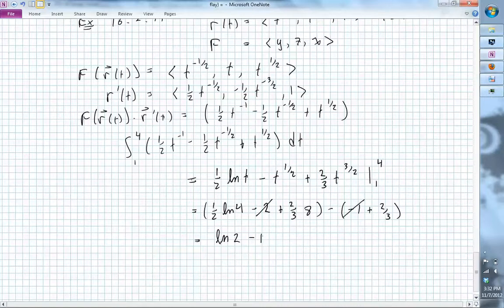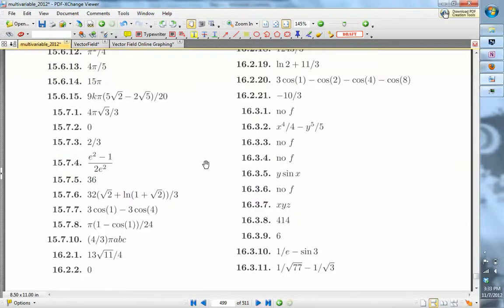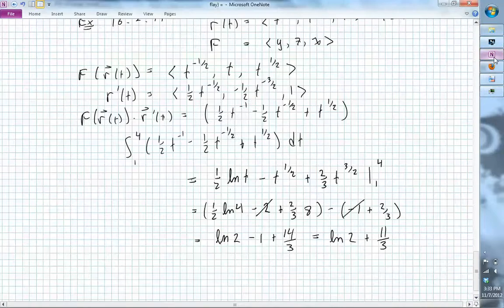And we've got a 16/3 minus a 2/3. And finally we have 11/3. And that is the right answer. I remember from doing it earlier, but just to prove it to you. Right there. Okay. So that's how you would do a work integral.